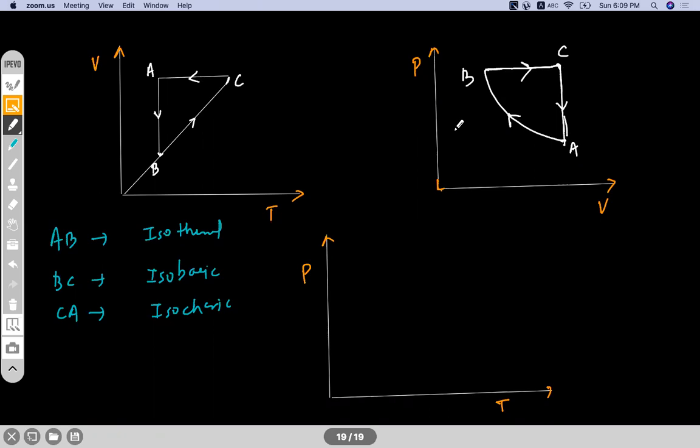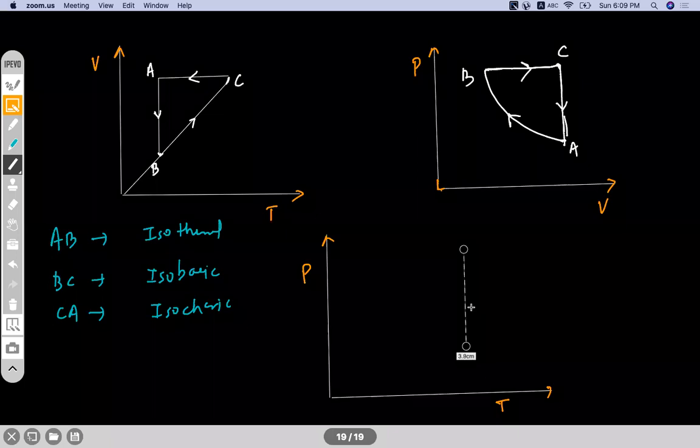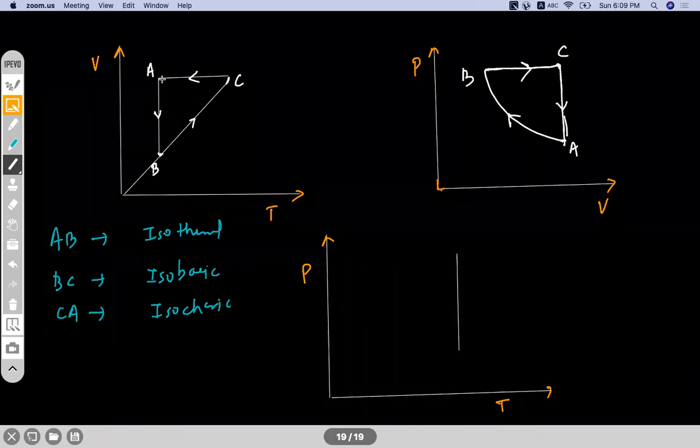Okay. P to T. P and T. AB is isothermal, so we must have one line like this. Okay. A to B, we have volume decreases, means pressure should increase, right? So I think I would take AB like this. Okay.